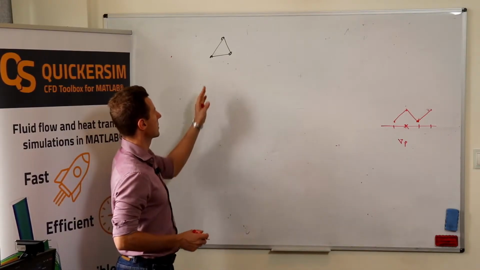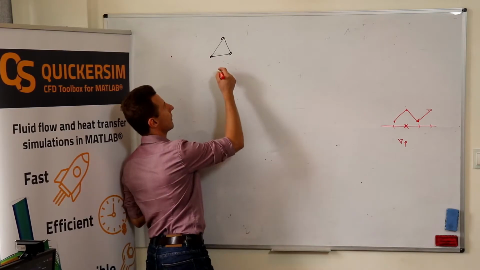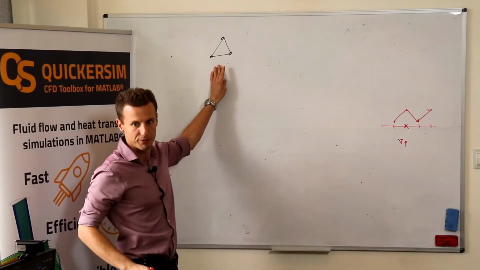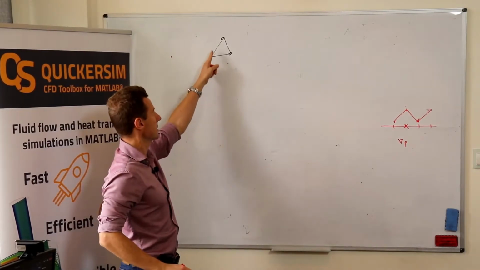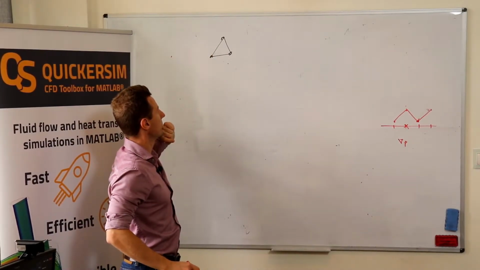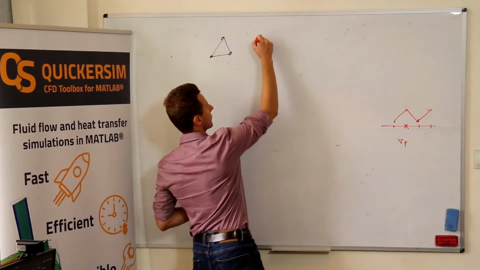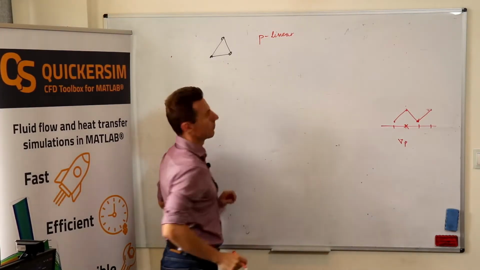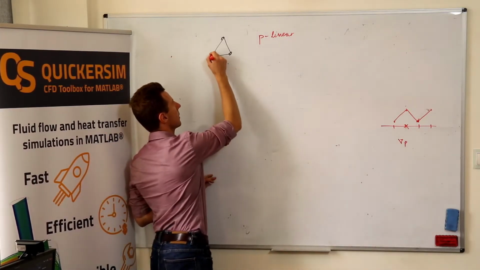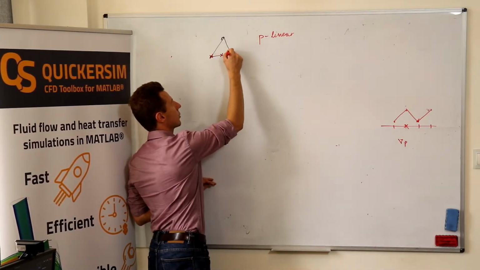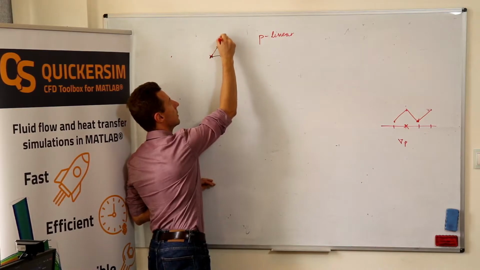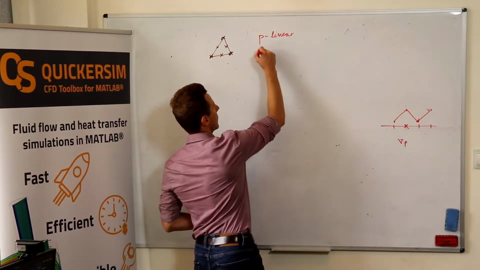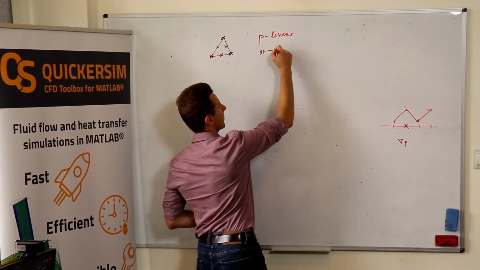I would say the most common one is having the linear representation of the pressure fields. So you're using these nodes for pressure. That's fine. Pressure is linear. But you are using second order nodes and second order triangular elements for velocity.